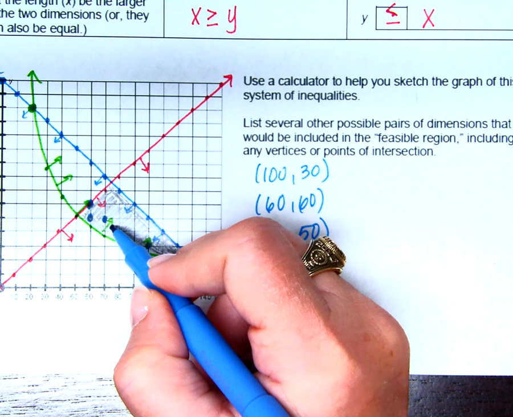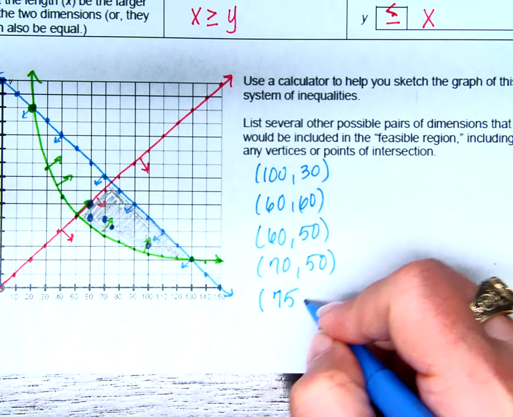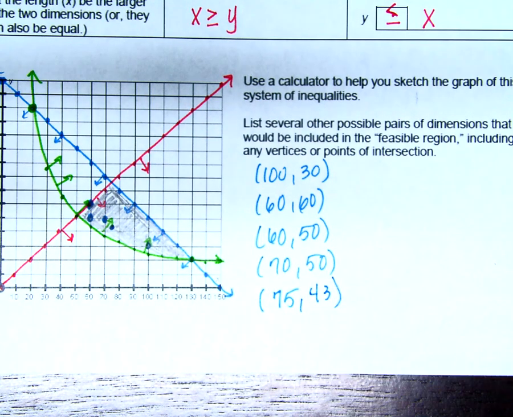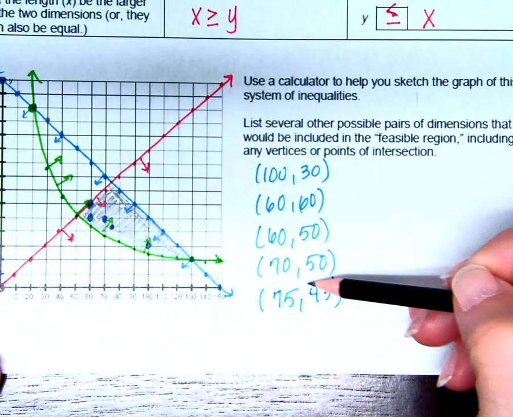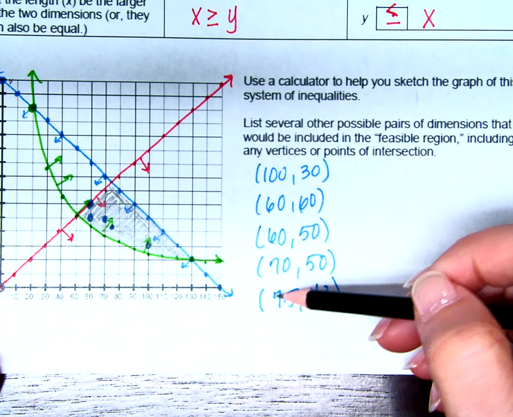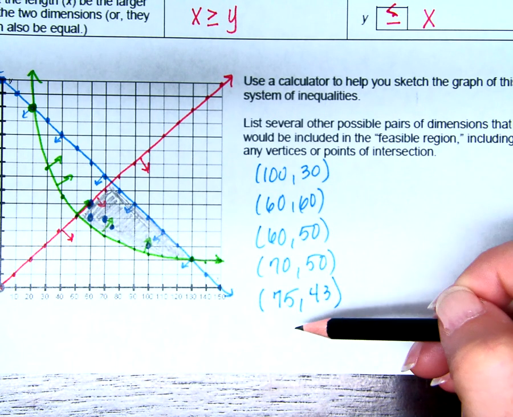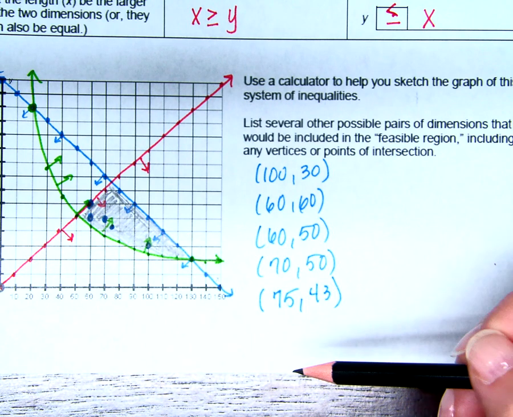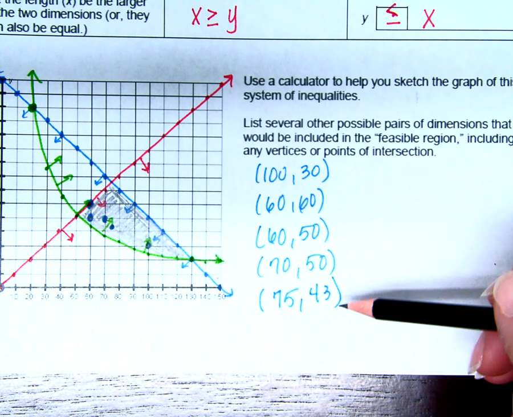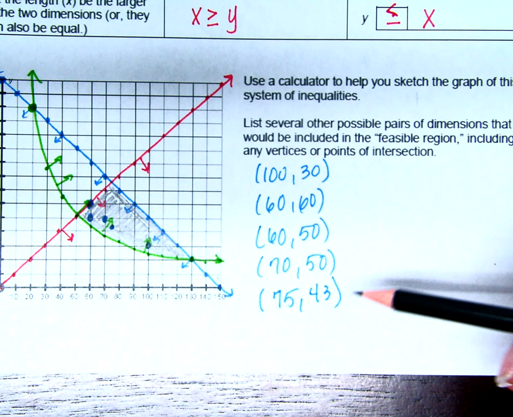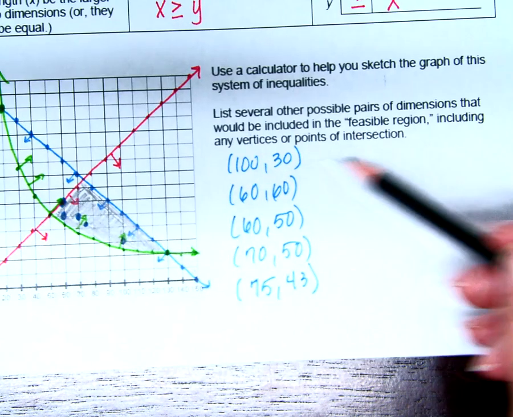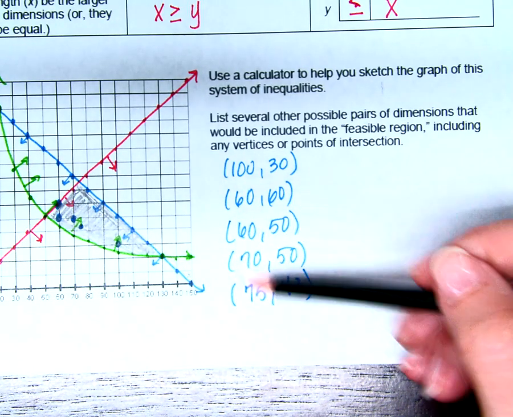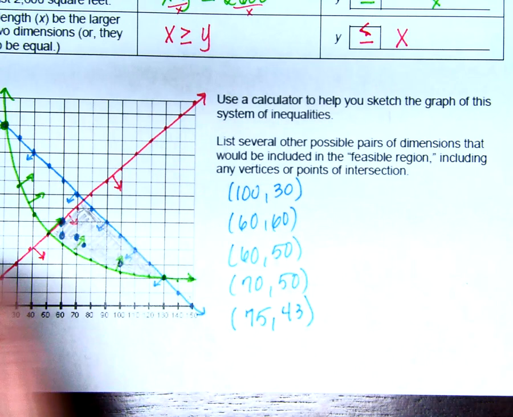So like right there, is that in the feasible region? Very good. You're allowed to just like the places where it intersects. I'm okay with that. I need you to make sure to know that all of these work too. What could we have done to be even quirkier? 75.5 and 43.1, right? So when it asks for list other possible pairs, how many do I want? 5, please. Okay.